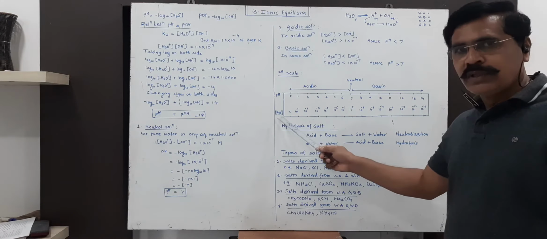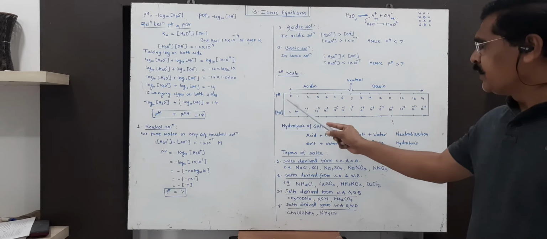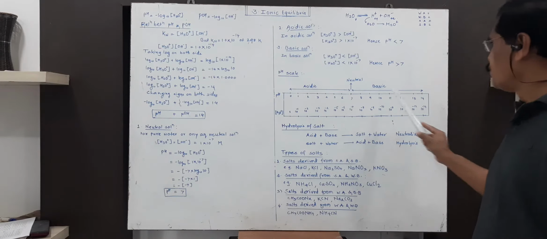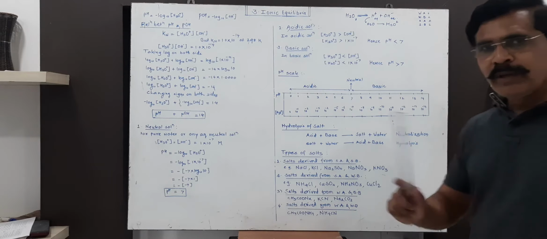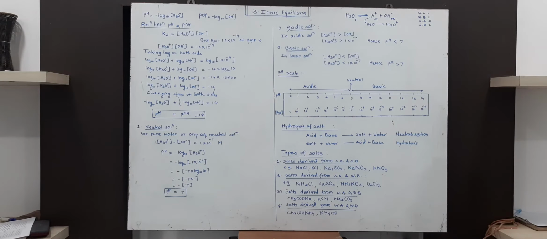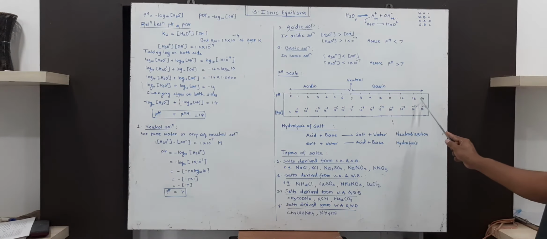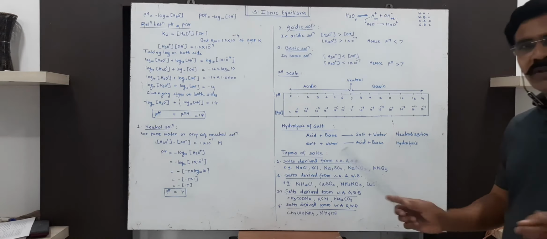From this concentration of H3O+, pH values are determined and they are given here from 0 to 14. Always remember, the pH scale starts from the pH value 0 and ends at pH 14. So pH of the solution lies between 0 and 14.